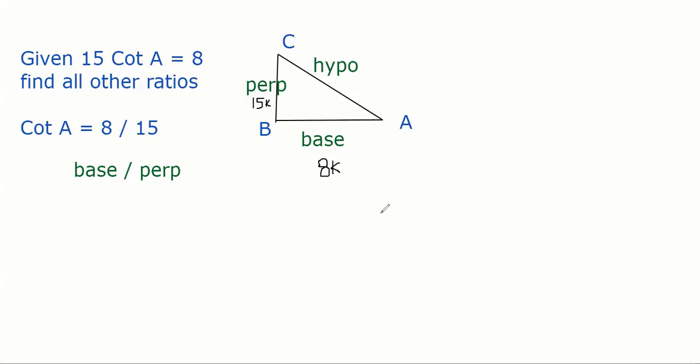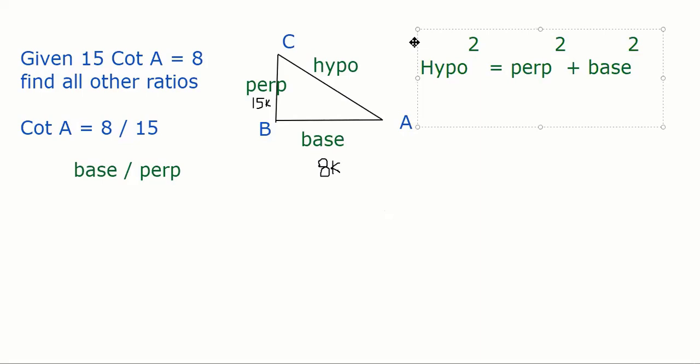So let's start doing it. Now we know the perpendicular and the base. What will be the hypotenuse? We know by Pythagoras theorem, hypotenuse squared will always be equal to perpendicular squared plus base squared. That is, any right angle triangle will follow this.